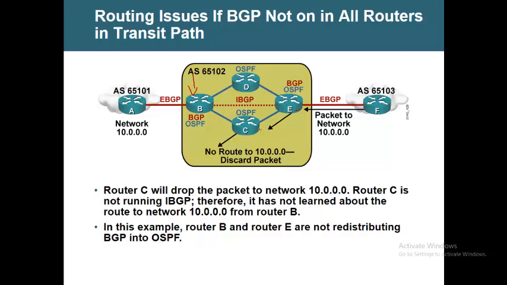Suppose it goes to C, what C is going to do is it's going to check the routing table for 10 network. Will there be route for 10 network?